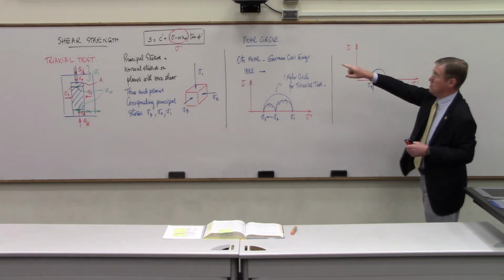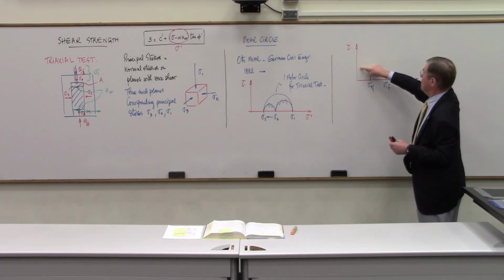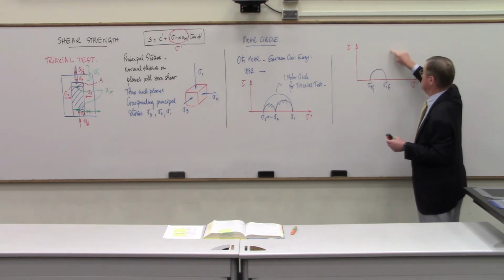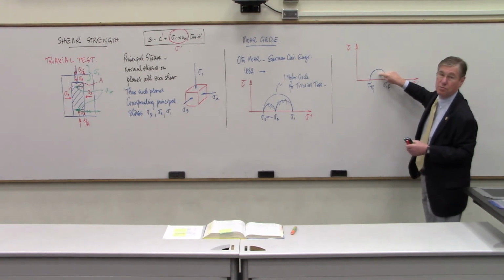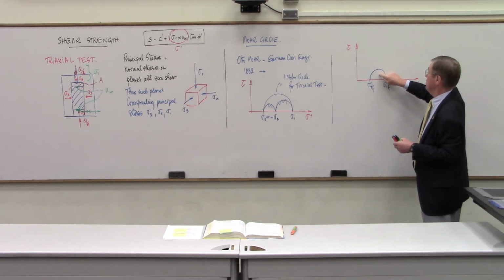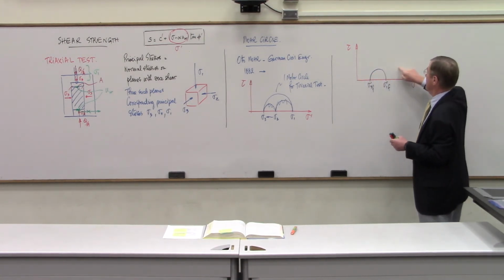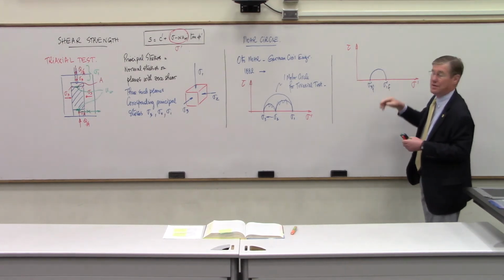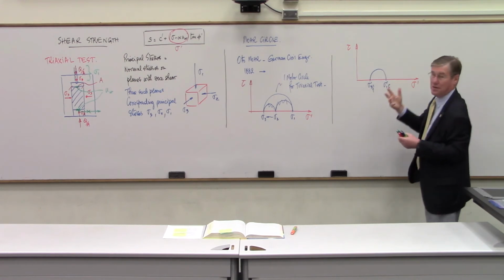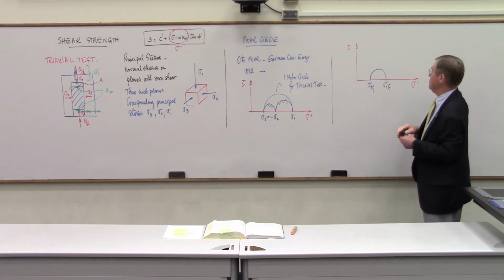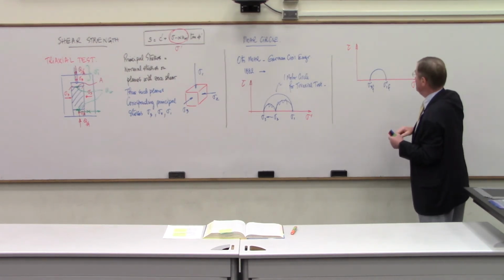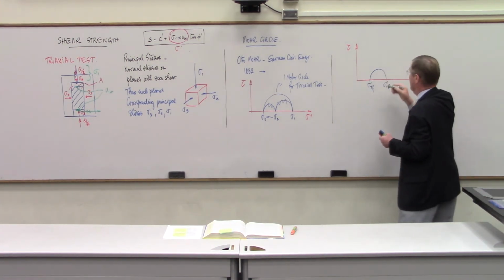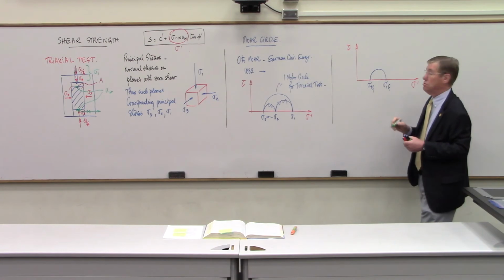So this line cannot be above the circle, because if it was above the circle, that could not be a failure circle. This line cannot intersect the circle because nothing can go over that line, since it defines the failure envelope. So by definition, this failure envelope has to be tangent to the circle.